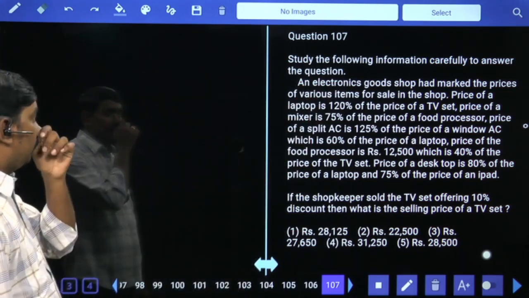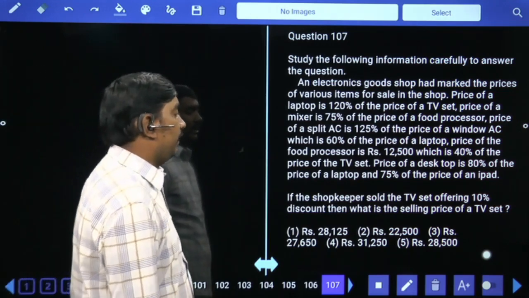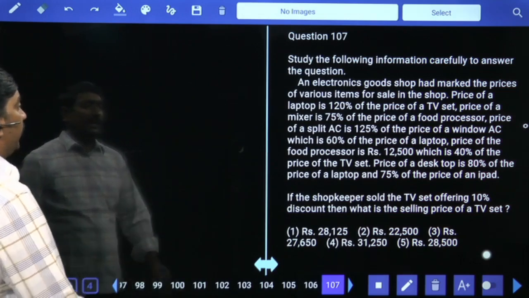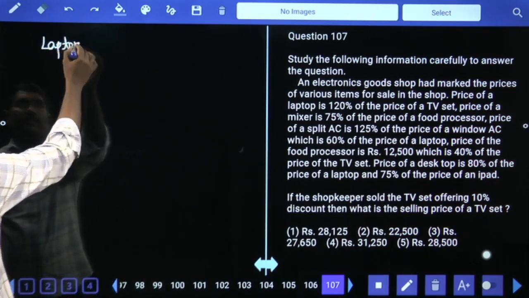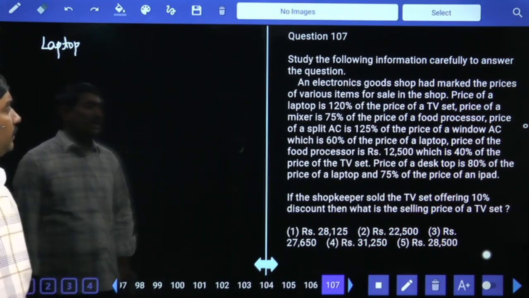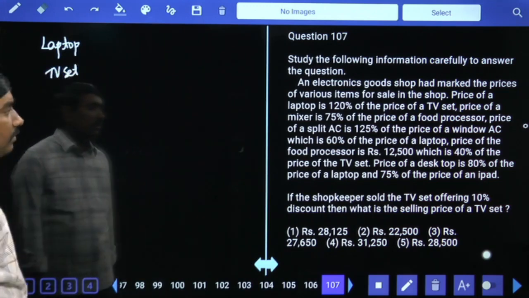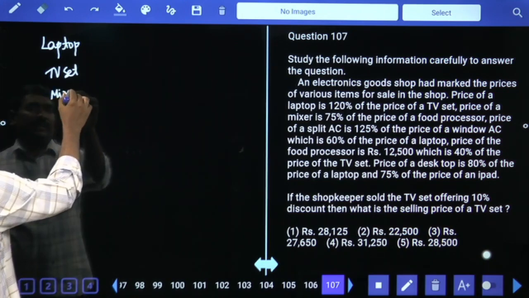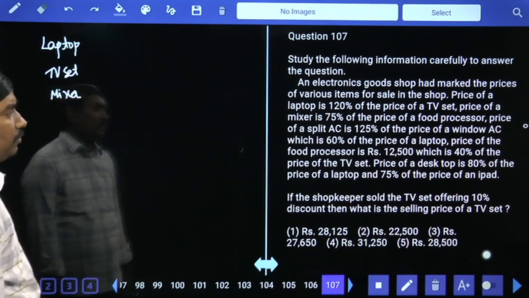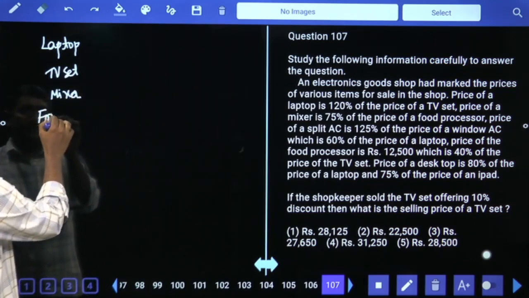An electronic goods shop had marked the prices of various items for sale in the shop. Price of a laptop is 120% of the price of a TV set. Price of a mixer is 75% of the price of a food processor.